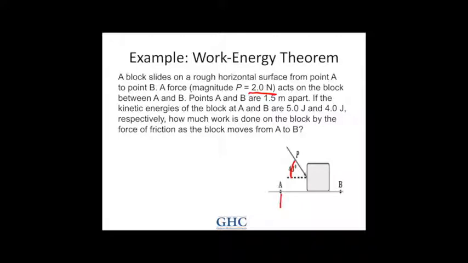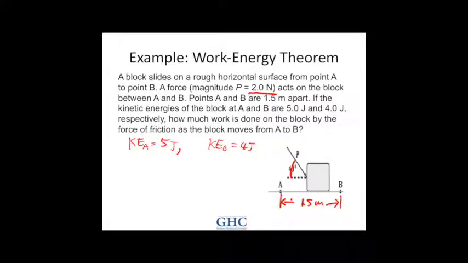A and B are 1.5 meters apart. We know the kinetic energy of the block at position A is 5 joules. The kinetic energy at location B is 4 joules.